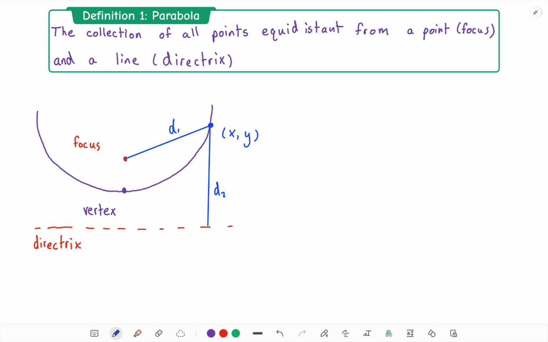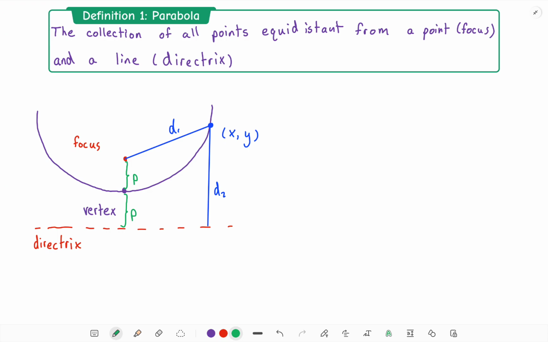Now, some other distances that we can label on here is the distance between the focus and the vertex, which is the same as the distance from the vertex to the directrix. This value we call p. It's called the focal distance.